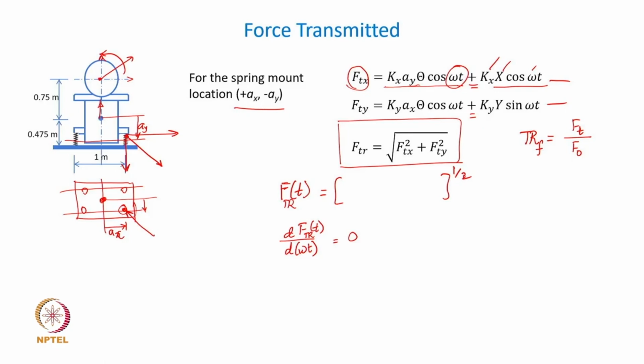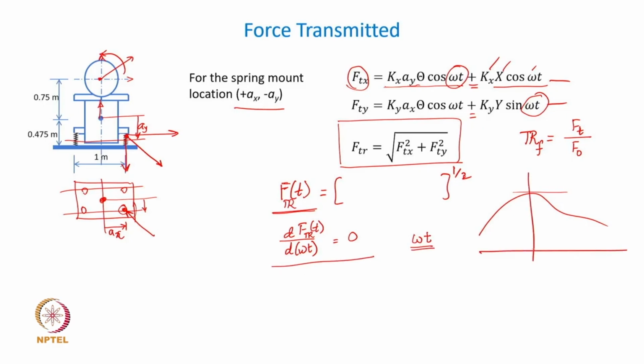When you get the instantaneous transmitted force and it may vary, then I can find out the maximum force by taking a derivative with respect to omega t, because this is the independent variable with which the transmitted force will vary with time. And then by solving this equation, I will get the value of omega t for which this expression is valid, and that is what we want. What we want is the radial position at which the maximum force is transmitted. Is that clear?